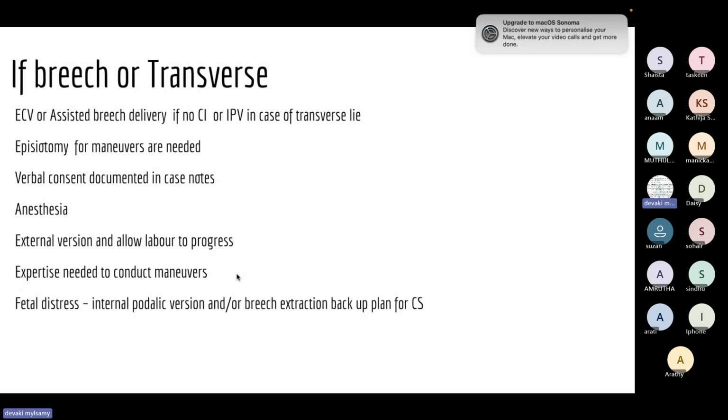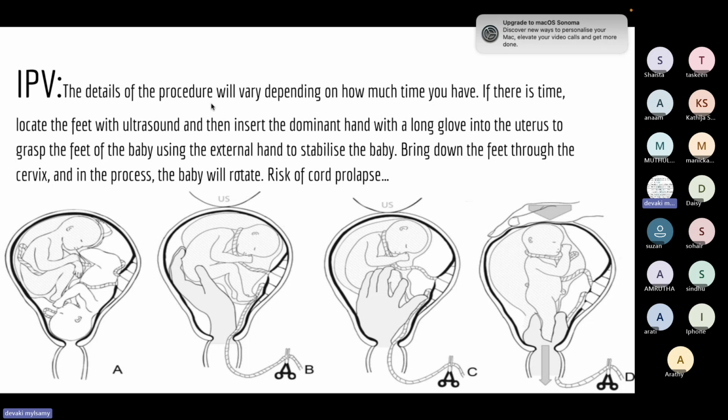So this is breech. IPV is for the case of transverse lie. So if it is a transverse lie, then the procedure is internal podalic version. You are going to demonstrate how you will do it. You introduce your hand through the vagina, through the cervix, and grasp the fetal ankles or feet and give traction.